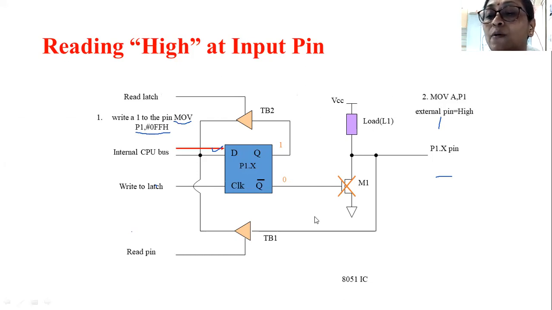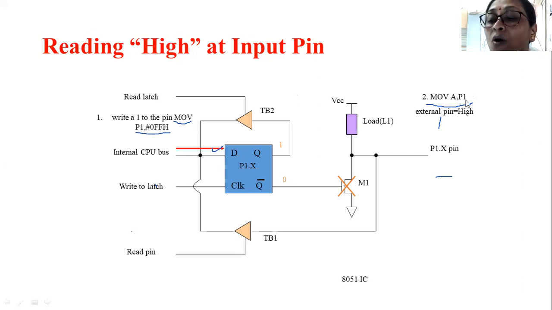Okay. So when this is in off condition, now here you can see Move A comma P1 is written here. This is a type of instruction which is written over here. You can observe Move A comma P1. This means what?